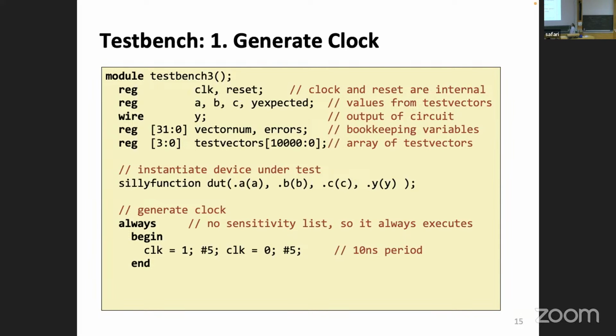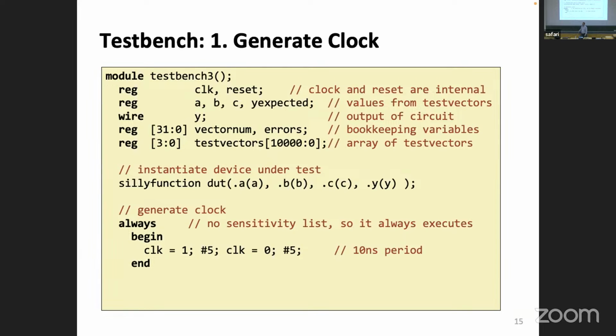And now let's generate the clock. In this case, we are reverting back to always because we want to have the clock that continuously makes 1, 0, 1, 0, 1, 0. And how do I begin? Well, I'll start with clock is 1, wait 5, clock is 0, wait 5, I end. And then it always does this, right?